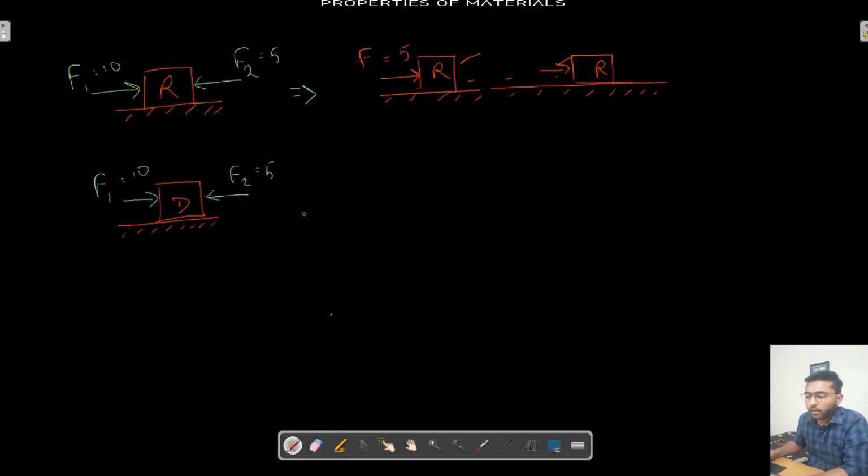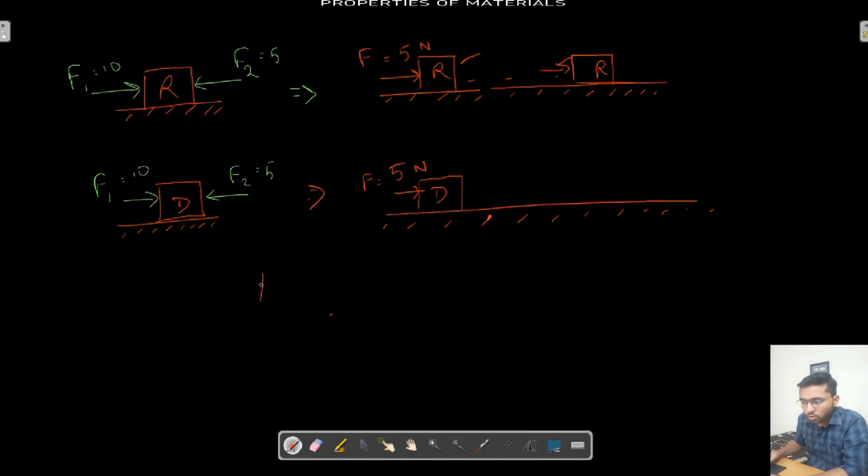On the other hand, for the deformable body, the resultant force which acts on it will be 5 Newton only. But apart from this, we observe that this deformable body is also being compressed with a force of 5 Newton.